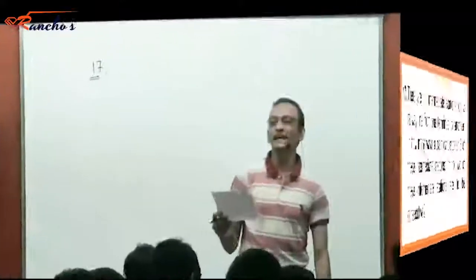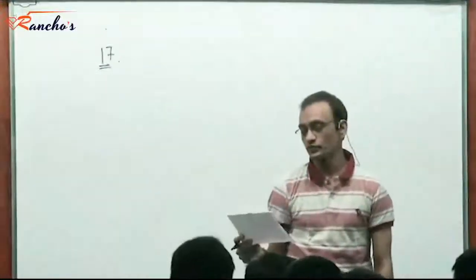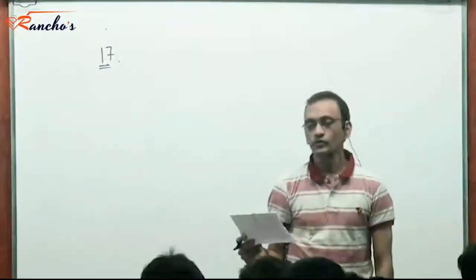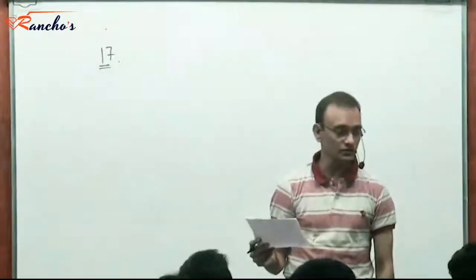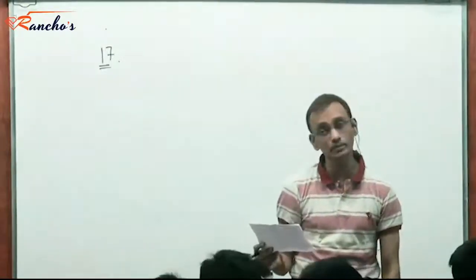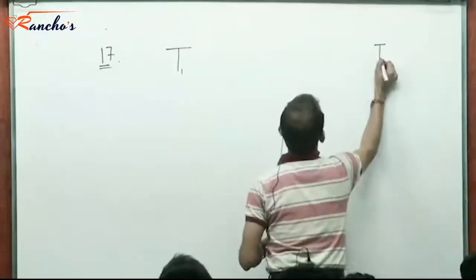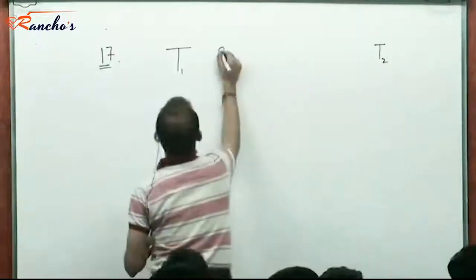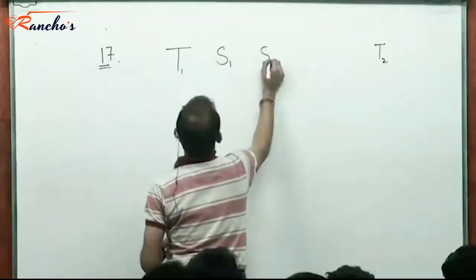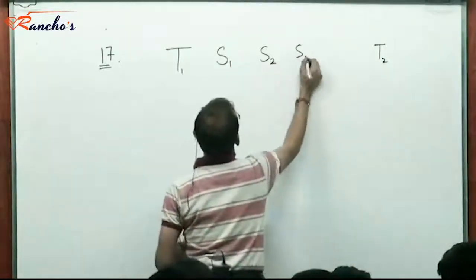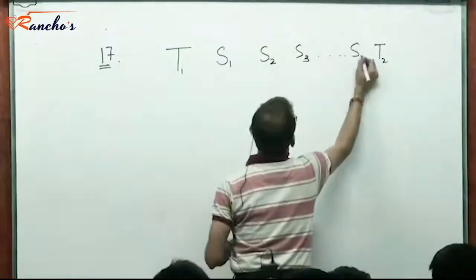There are P intermediate stations on a railway line from one terminus to another. There is terminus 1 and there is terminus 2. And there are P intermediate stations S1, S2, S3, SP.